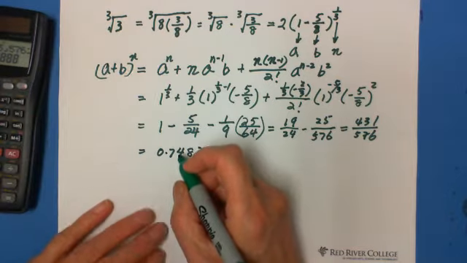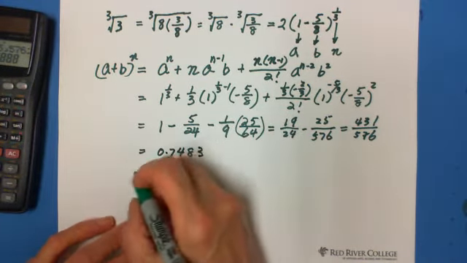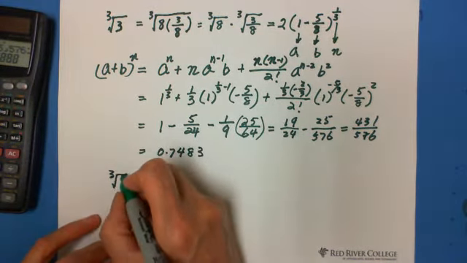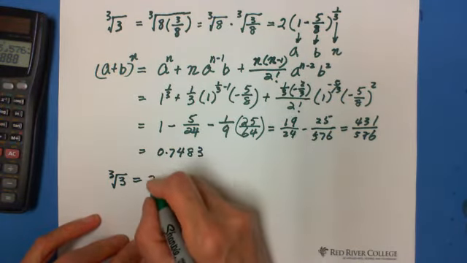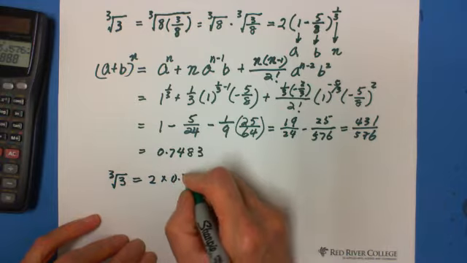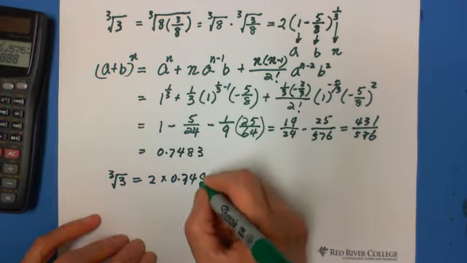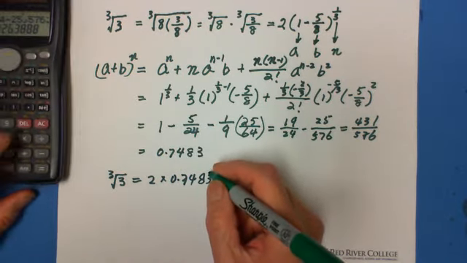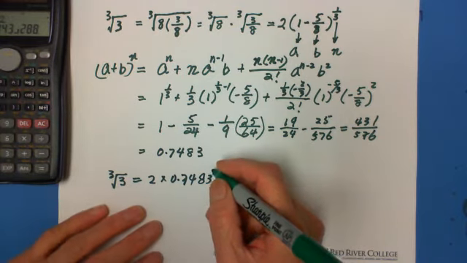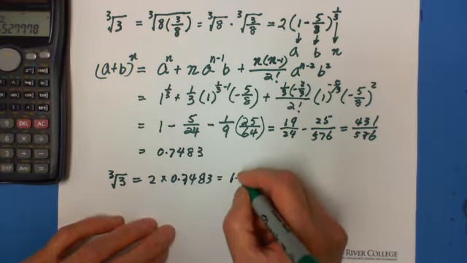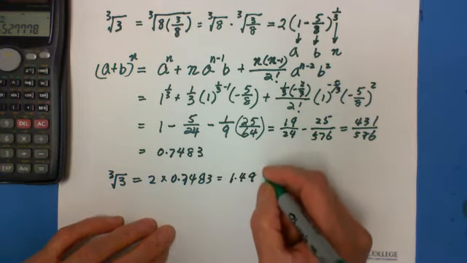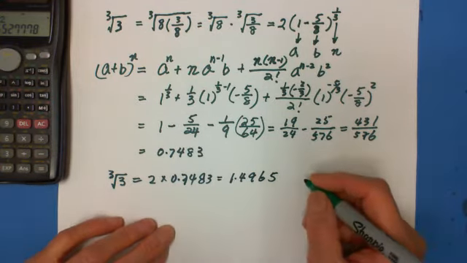Then the cube root of 3 equals 2 times this number. So 2 times 0.7483 equals 1.4965.